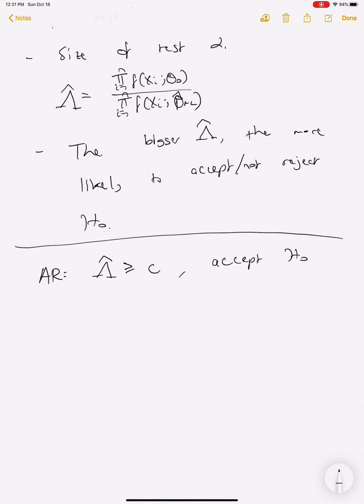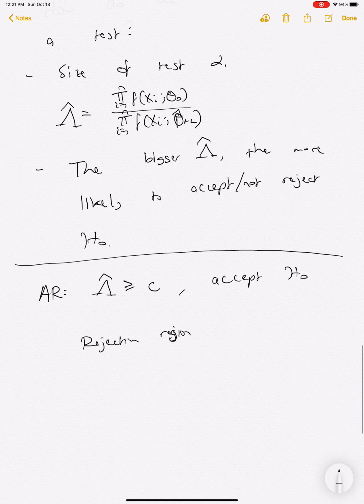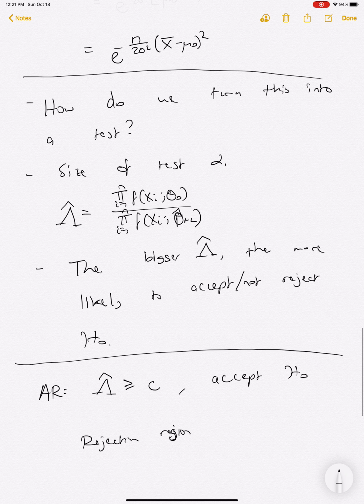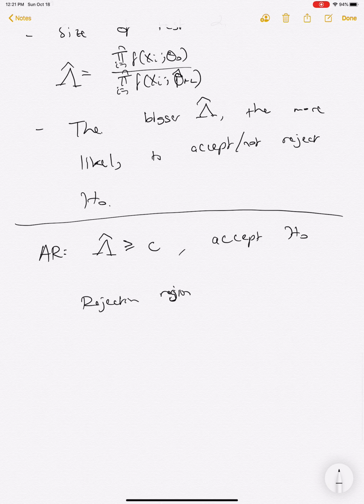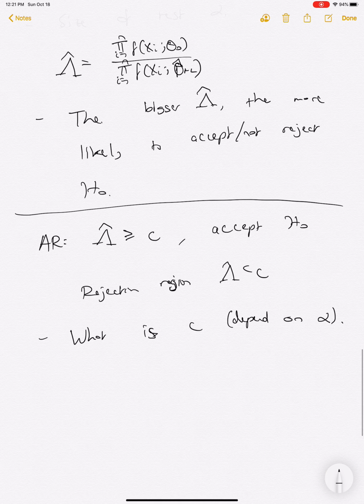That's our acceptance region, and our rejection region is where gamma hat is less than c. And then the question is, what is c? And it's clearly going to depend on alpha.